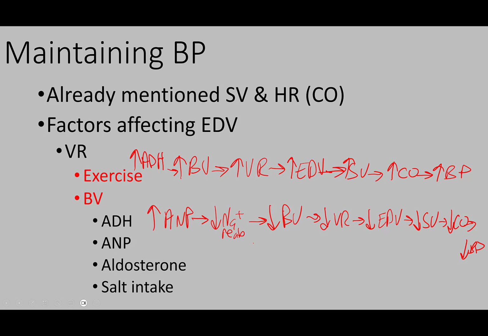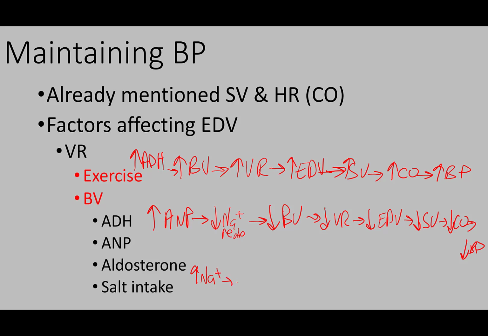Aldosterone would be the opposite of this. If there's an increase in aldosterone, there's an increase in sodium reabsorption, an increase in blood volume, an increase in venous return, an increase in EDV, increased stroke volume, increased cardiac output, increased blood pressure. And salt intake would look exactly like aldosterone. If you increase salt intake, your sodium levels in your body are up.